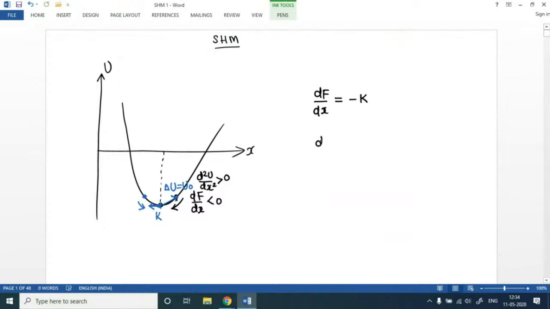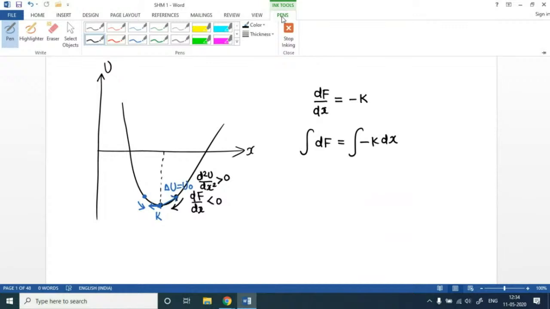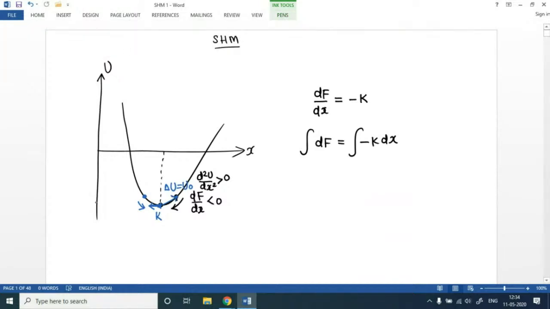So we can write dF as minus k dx over here, and we will integrate it with appropriate limits. Let's choose our references appropriately so that this equation looks good.